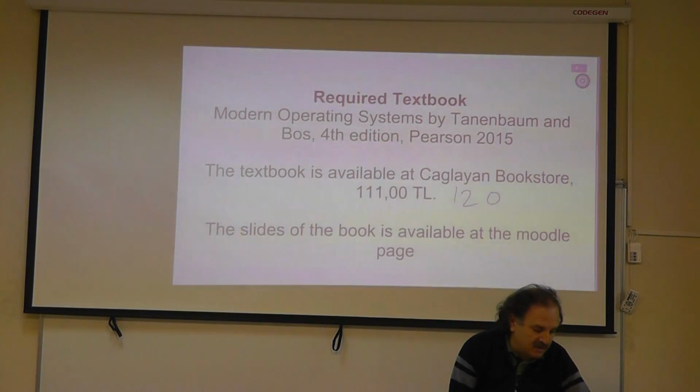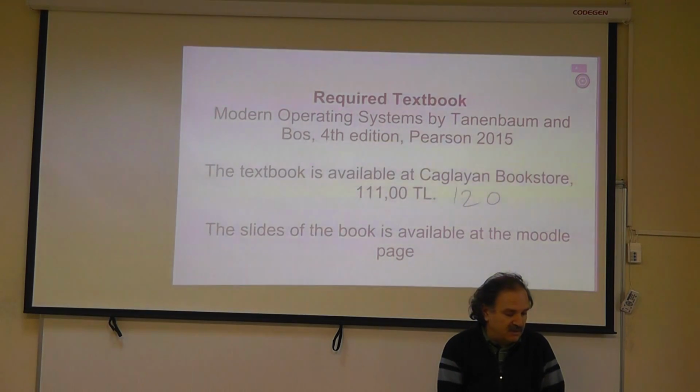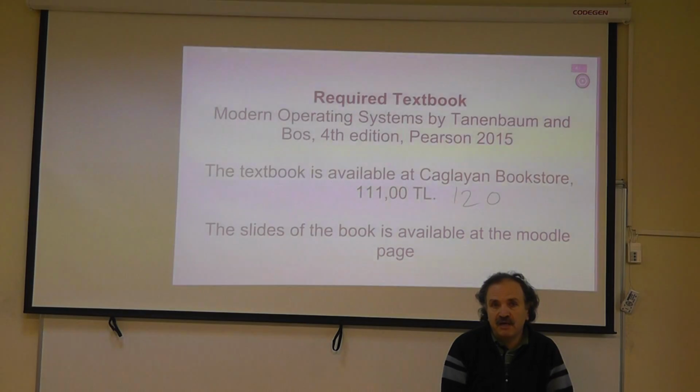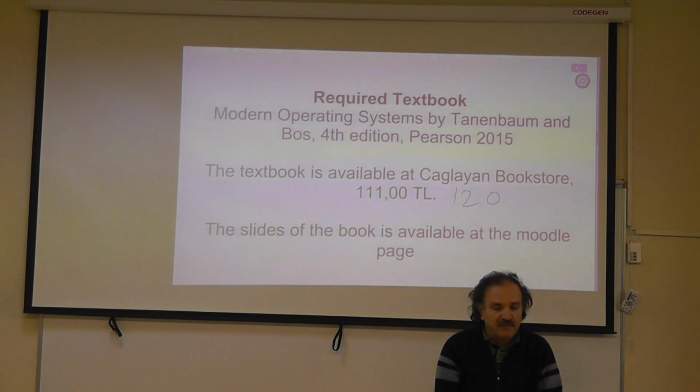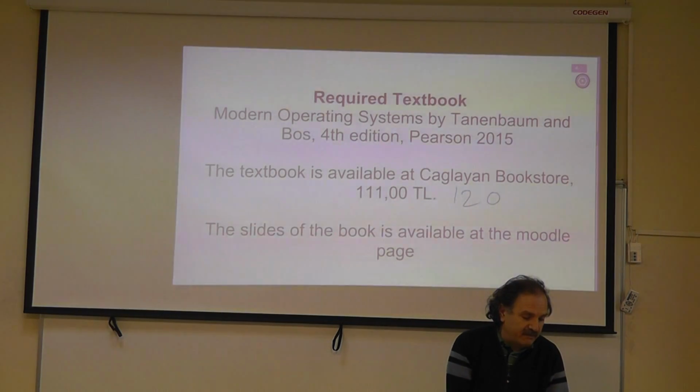Of course, you are required to have the textbook, either the original or some kind of a copy. I don't know, but later in your professional life, you will need the information in this book. You will come back to this one and refer to it, to look up some information, to learn. I will not be covering all of the book. Some of the chapters are so important, but we don't have time. Also, this is an undergraduate level course.